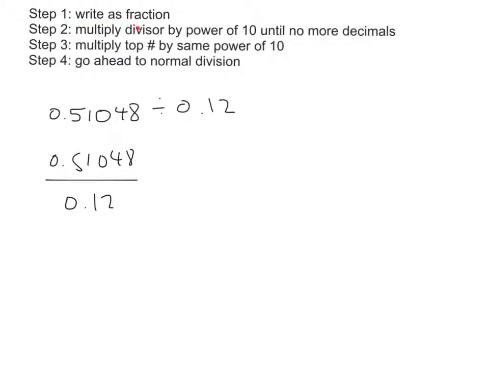Step 2, multiply divisor by power of 10 until no more decimals. So we want to get rid of these decimals. We have 2 decimals, so we need to times the bottom number by 100, because these 2 zeros are going to get rid of these 2 decimals. And then whatever we do to the bottom one, we do to the top as well.